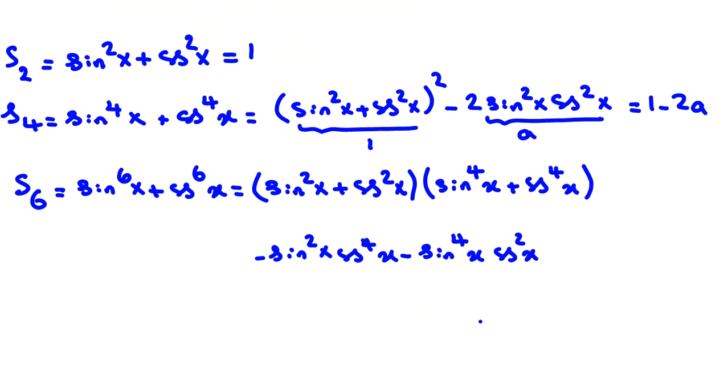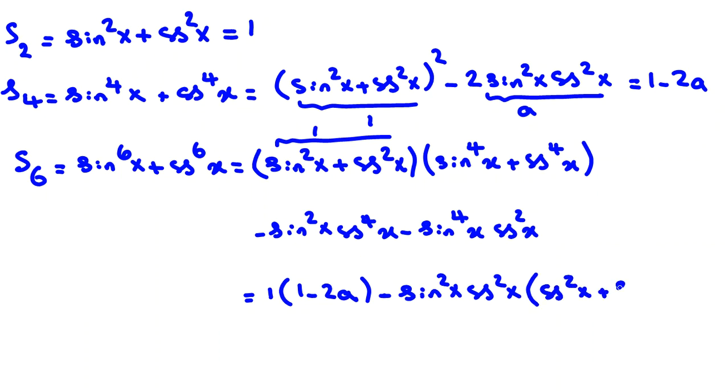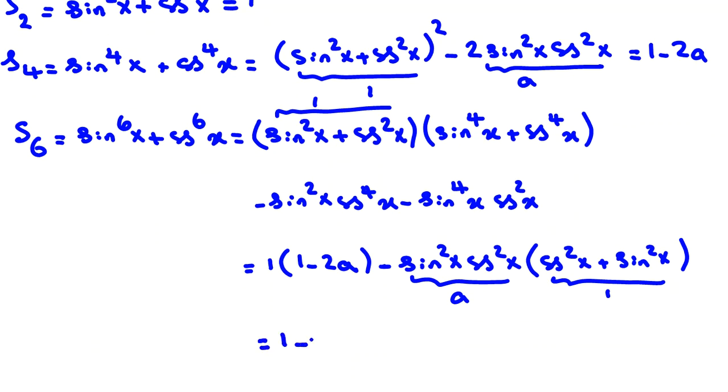So here it will be 1 times the previous one, 1 minus 2a, minus, factoring out sine squared x cos squared x, cos squared x plus sine squared x, which will be 1, and here we said it is a. So it will be 1 minus 2a minus a, 1 minus 3a.